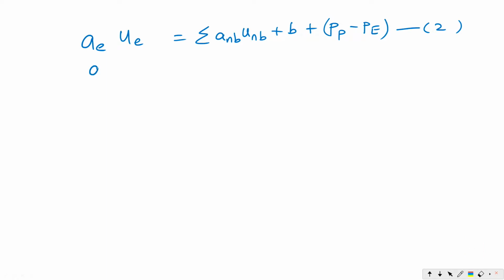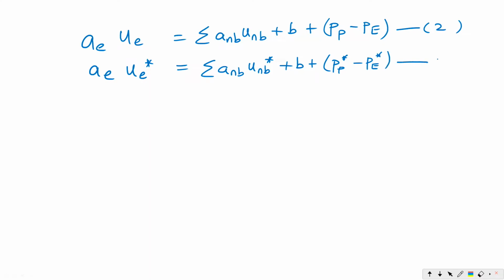Then we ended up with AE UE star equal to sigma ANB UNB star plus B plus PP star minus PE star, equation number 8. So now I am going to subtract equation number 8 from equation number 2.